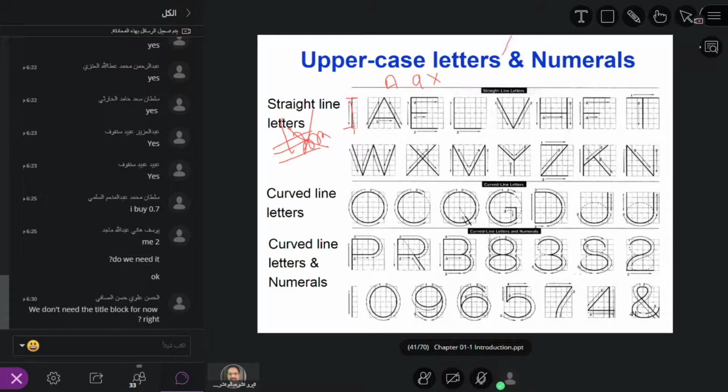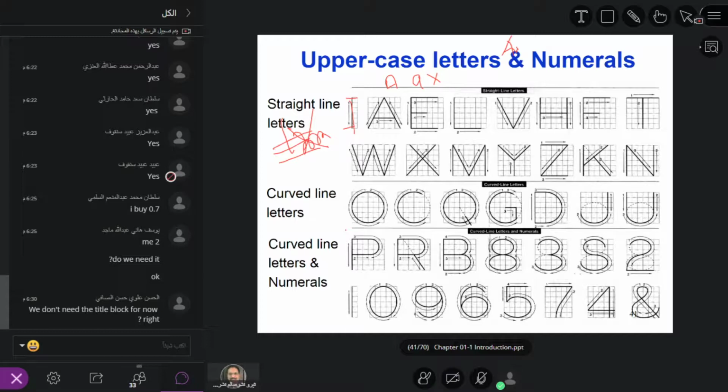So when I say ANSI, it means you have to write like this. It's a general rule that all your drawings must use capital letters. That is always better for the ANSI standard. And of course, we use small letters also, lowercase. But if you are using the uppercase or capital letters, this should be the method of writing it.